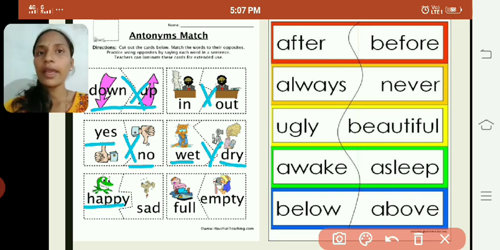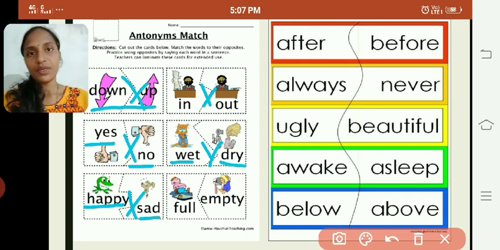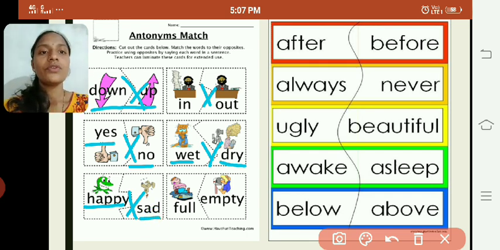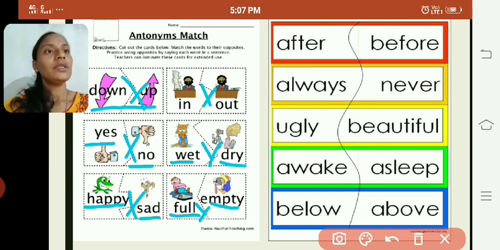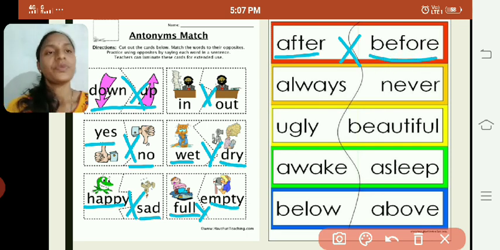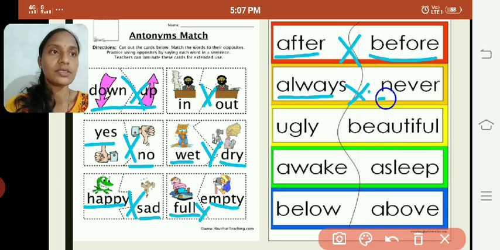The word is happy, and what is the antonym for happy? Sad. The word is full, and what is the antonym for full? That is empty. Here, the word is after, and what is the antonym for after? Before. The word is always, and what is the antonym for always?